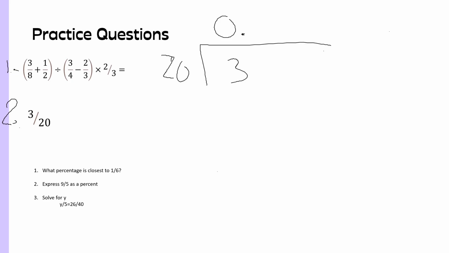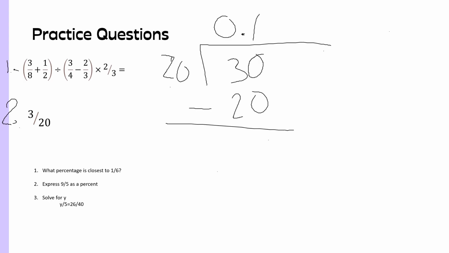So 20, you put a 0, right? Because now we go in less than 1, as I said before. So 20 times 0 is 0, right? So instead of doing all of that, we can say 20 into 30 goes how many times? 1 times. 20 times 1 is 20.